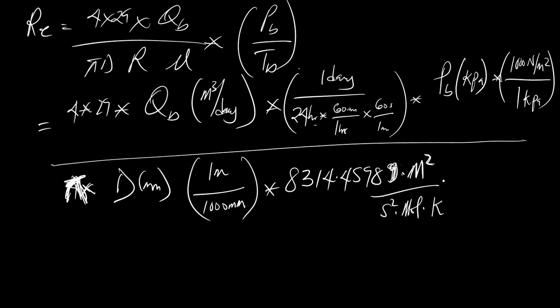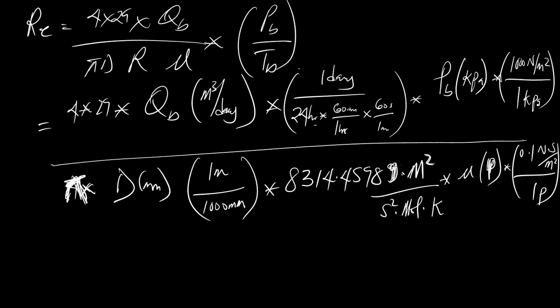So times mu, which is the viscosity of the gas, in poise. We also note that 0.1 Newton seconds per meter square is equal to 1 poise.